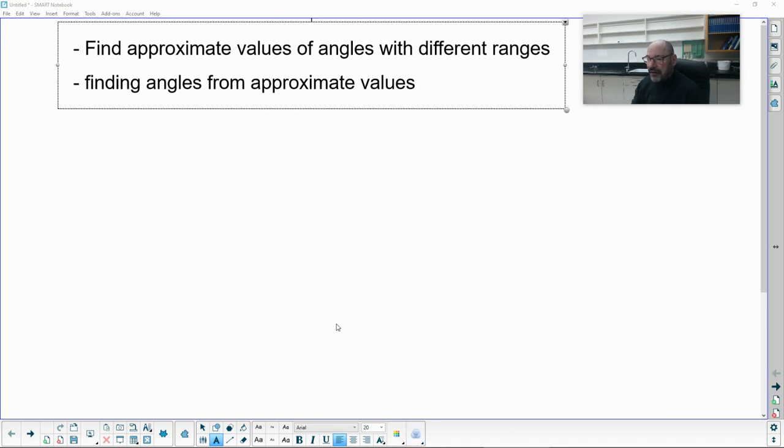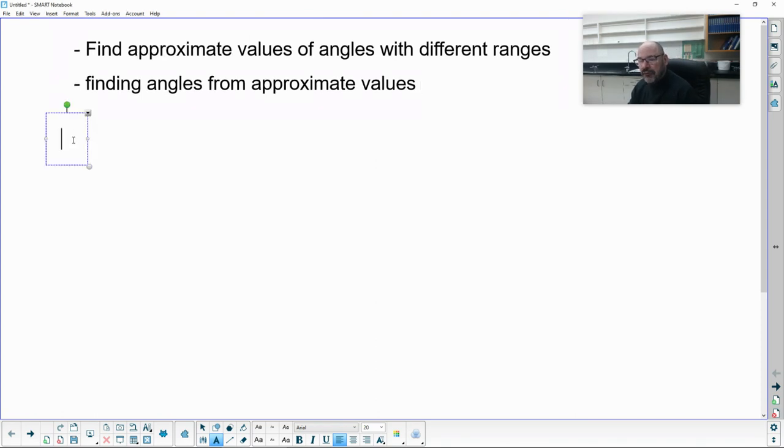The first thing we're going to do is just simple finding approximate values, the simpler, easier one. This is where you're given a trigonometric ratio and you have to find the approximate value to either 4 or 3 decimal places, depending on what they ask.